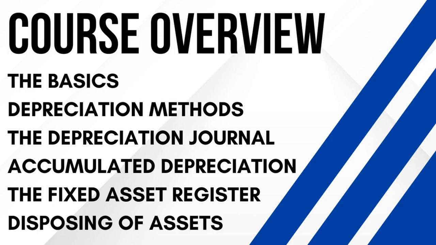If those terms don't mean anything to you yet, don't worry, I will explain everything. I'll go through the depreciation journal, how to account for depreciation in the financial accounts, accumulated depreciation, the fixed asset register, and also disposing of assets.